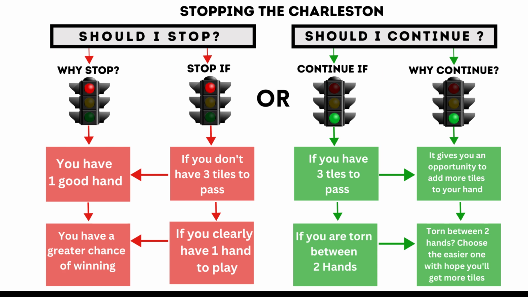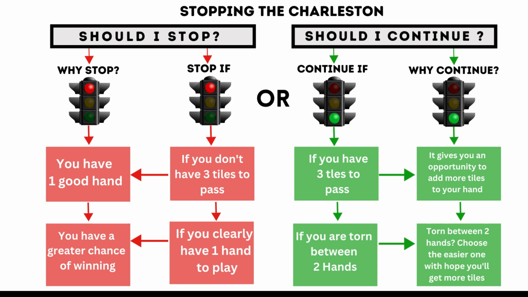I often hear beginner players say things like, well, gee, the same thing goes around and around the Charleston, so why should I bother? Or, this is all so confusing, so I might as well just stop the Charleston and keep what I have.